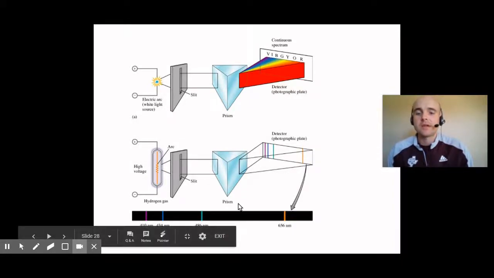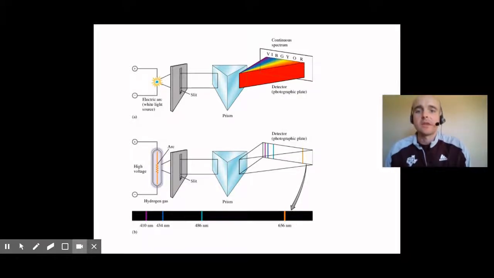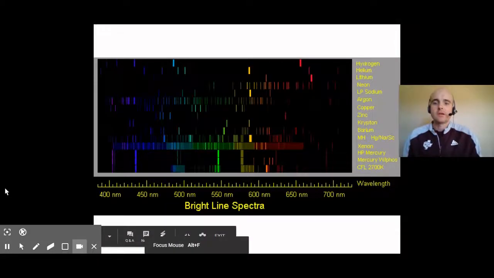You can identify the element based off of these single lines. Every element has its own little fingerprint set of lines that we can use to compare in the future.